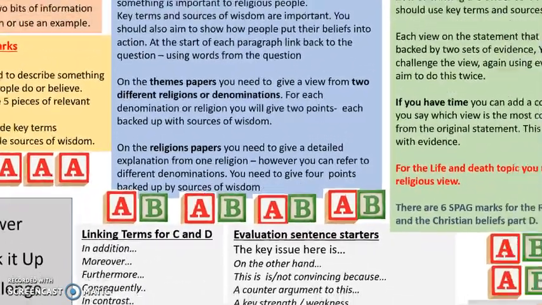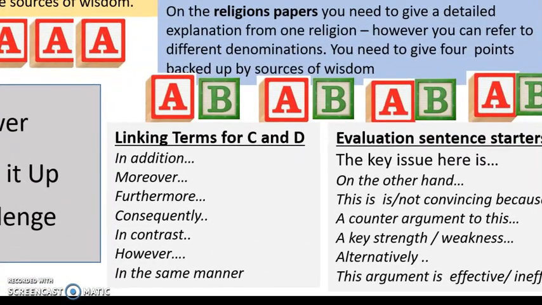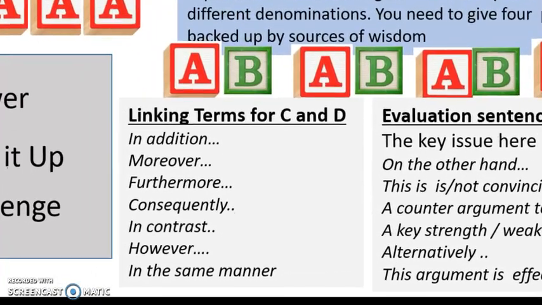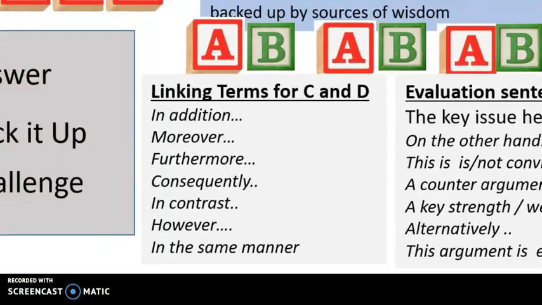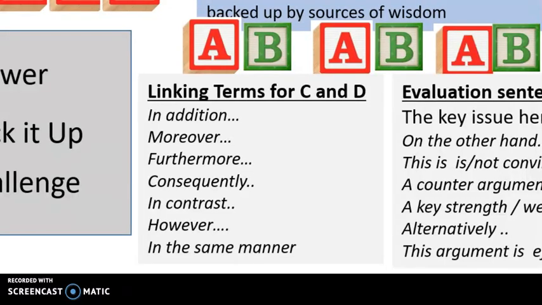In your part Cs and Ds, because you are building your case or adding multiple bits of evidence to support what you're saying, Eduqas like to see linking terms. I would say this is particularly the case for Part D questions. So phrases like in addition, moreover, furthermore, consequently, in contrast, however, in the same manner.